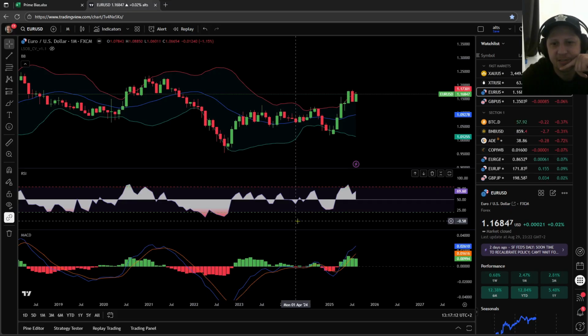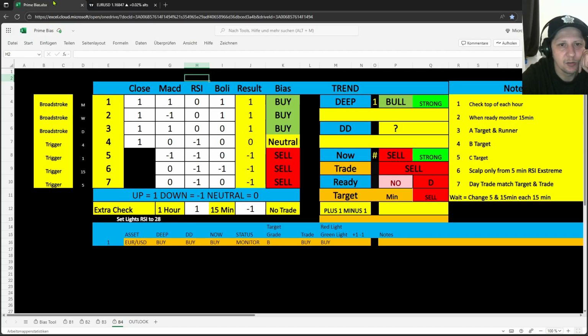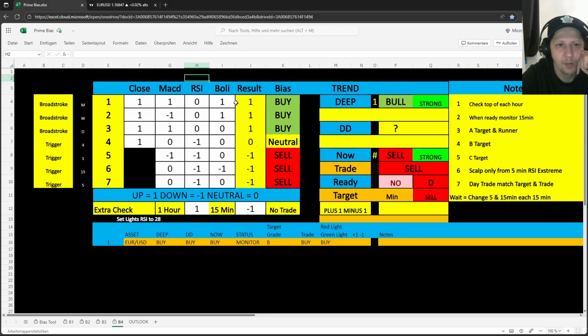The RSI is neutral. If it's up here, I would say sell, -1. If it's down there, +1. If it's in the middle, it's neutral. So RSI neutral, and the Bollinger Bands are +1 because showing strength. Okay, that's right. That's cool.